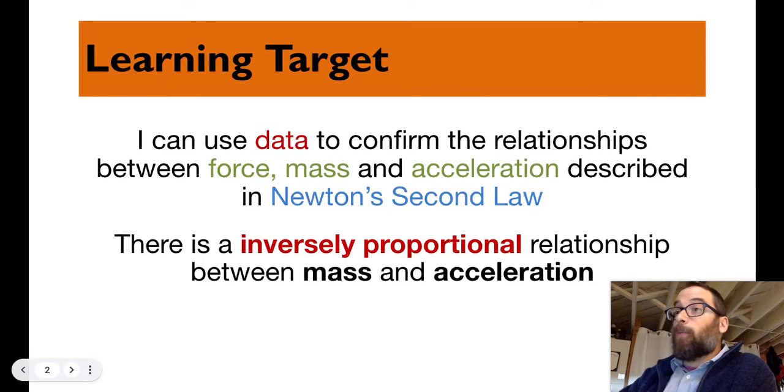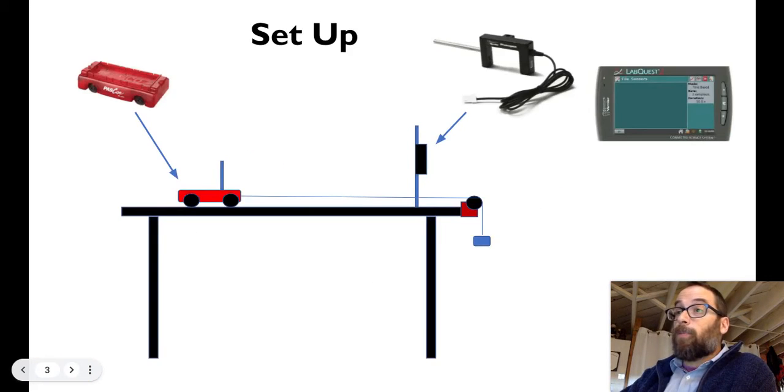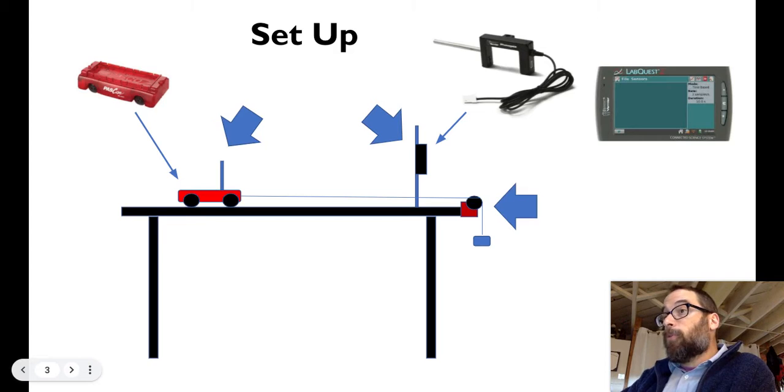Okay? The setup we're going to use is very similar to what we used before. There's still a Pasco car attached to a fishing line. There is still a photo gate that we're going to use to measure velocity, and there's still a pulley that you run the line over, and the line is attached to a mass at the end. That mass pulls on the fishing line, creating a tension force that pulls on the car and causes it to accelerate.